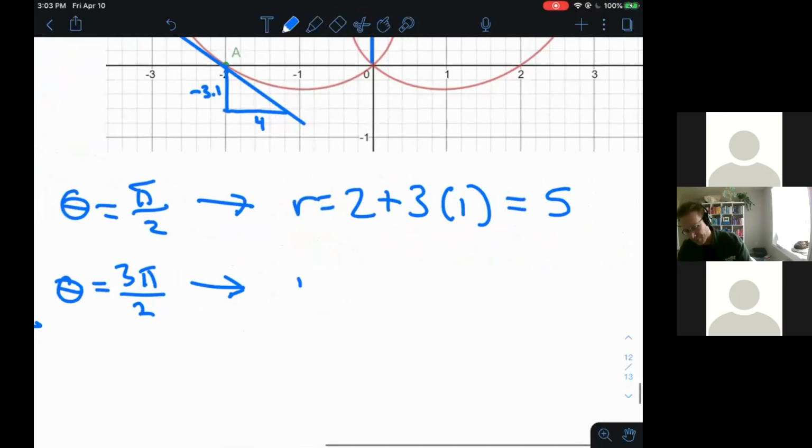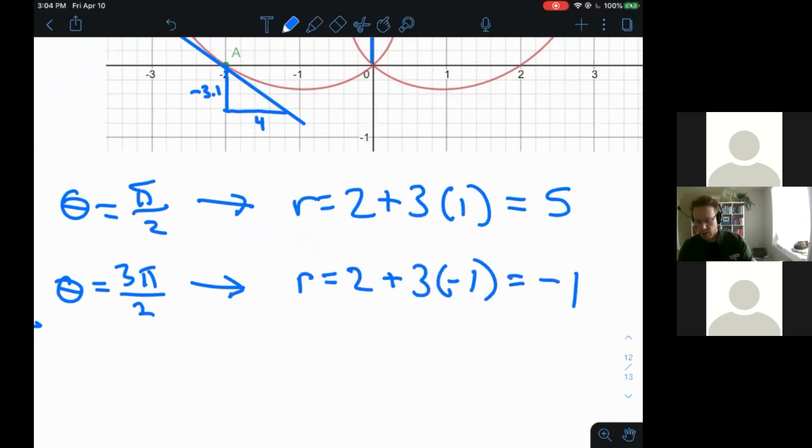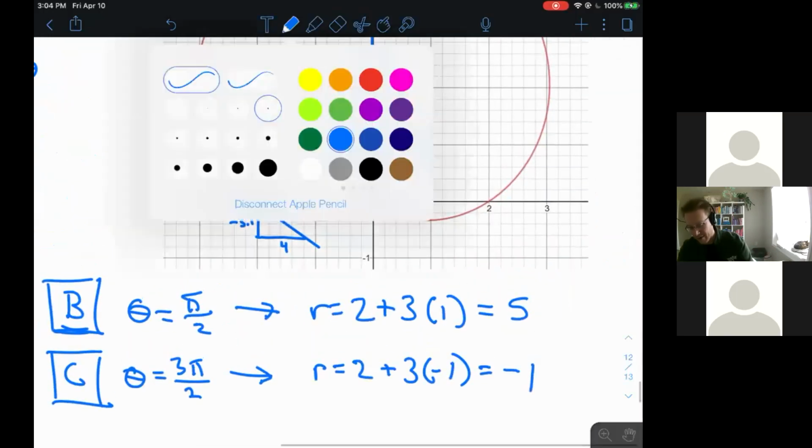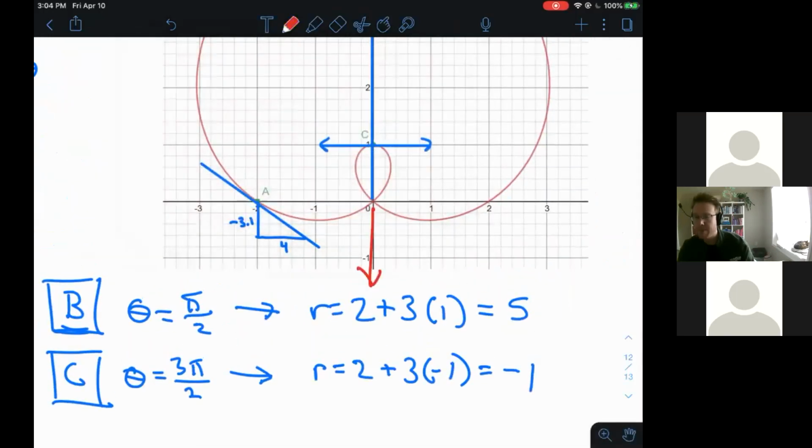So either way, when you go negative pi over 2 or when you go 3 pi over 2, 270 degrees, right, this is going to be 2 plus 3 times negative 1. And so we're going to be moving backwards. So when you're looking in this negative pi over 2 direction or 3 pi over 2 direction, notice you need to go backwards by 1. So that's what gives you the C there, is that you're looking down, but you're moving backwards. So you're actually traveling up.